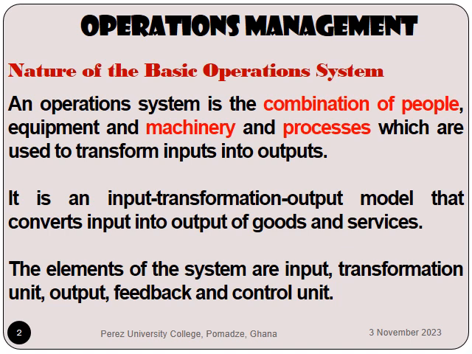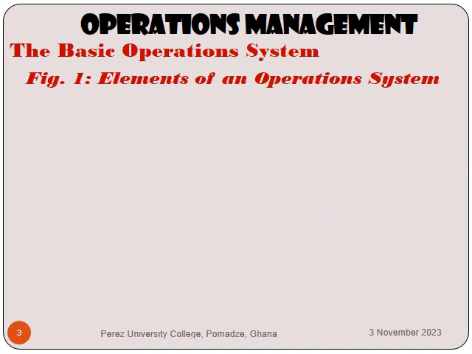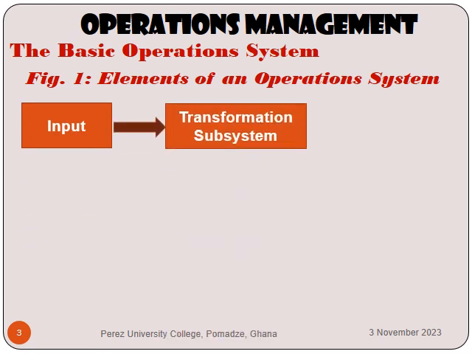It has 5 elements, namely input, transformation unit, output, feedback, and a control unit. Let's look at how these elements interact with each other to achieve the goals of operation. Inputs are brought in, they then move to a transformation unit to be processed.